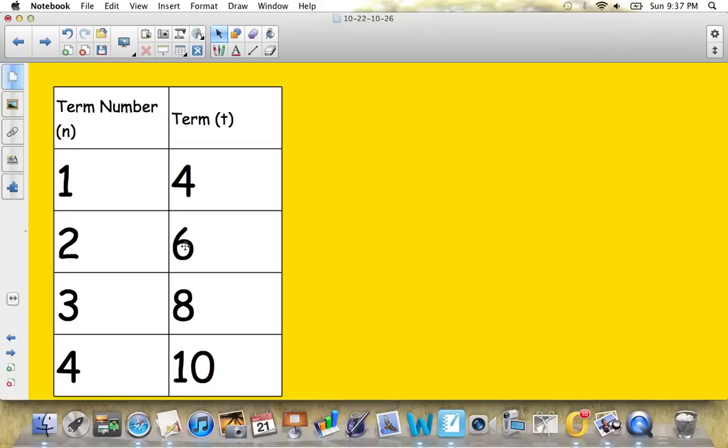This number here is the second number in the sequence. This number here, well, you get the point. The difference in our term numbers is 1, so each time we're going from the first term to the second to the third. The difference in the terms itself is 2: plus 2, plus 2, plus 2.